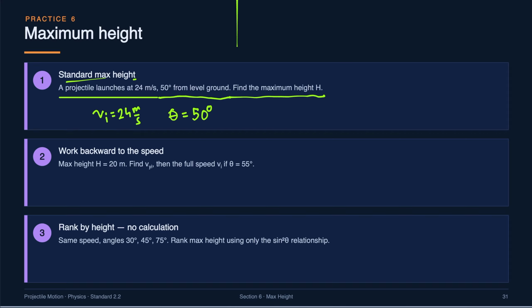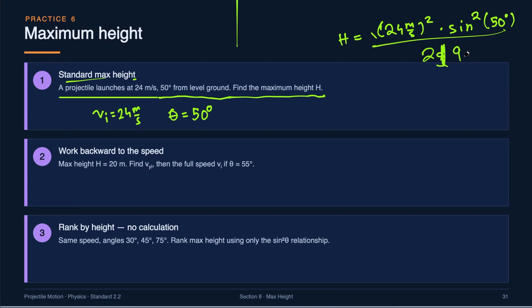Maximum height h will be velocity initial squared, 24 meters per second squared, times sine squared of 50 degrees, over 2g. Or I can just replace g with 9.81 meters per second squared.